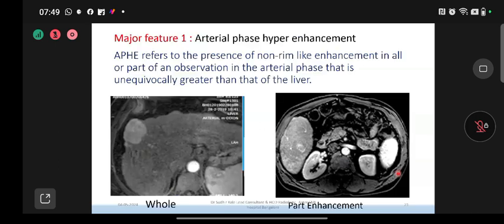These two images help us understand what arterial phase hyperenhancement is. You can see that this lesion is almost uniformly hyperenhancing. How do you know that this is an arterial phase? For all practical purposes, whenever you look at post-contrast images, first put the cursor on the vertebral body, then go just anterior to it.